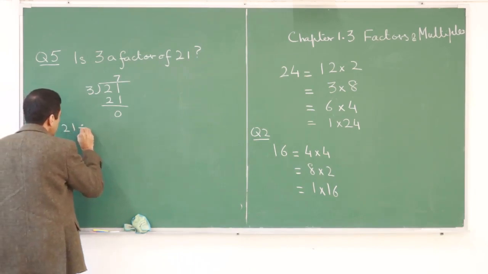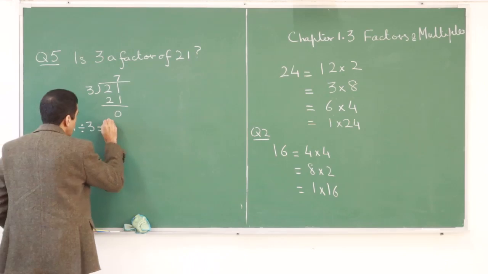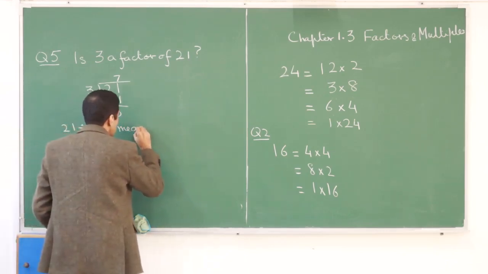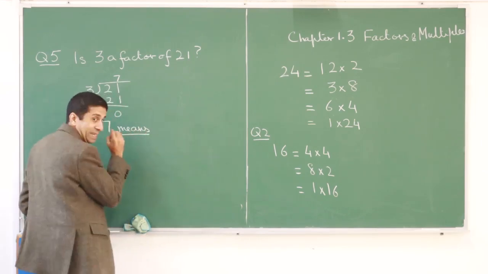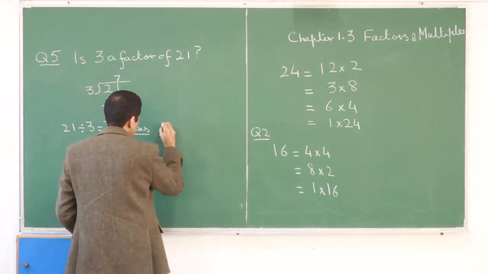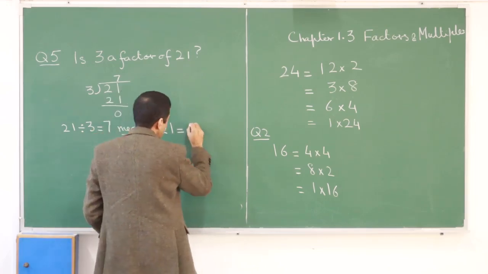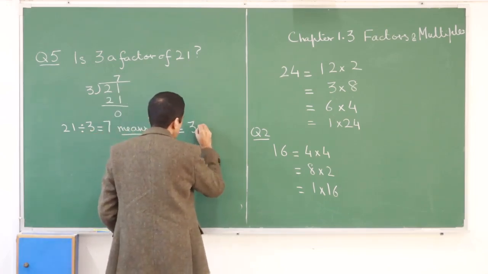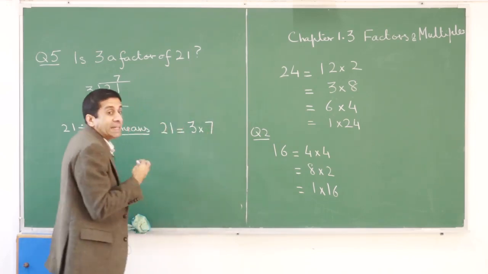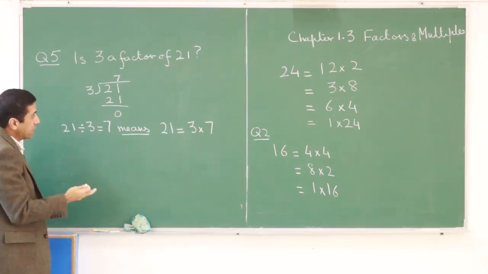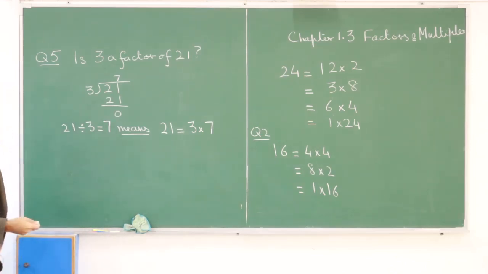Remember, 21 divided by 3 equal to 7 means 21 is equal to 3 7s or 7 3s, however you wish to write it. That's what the meaning is. Is this understood? When we divide, this is the meaning of division that we defined.